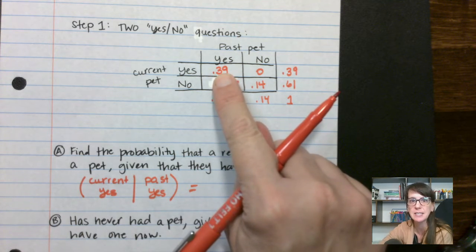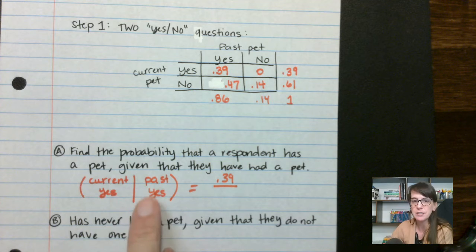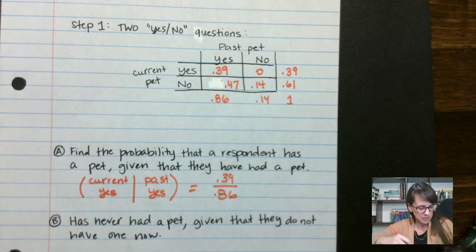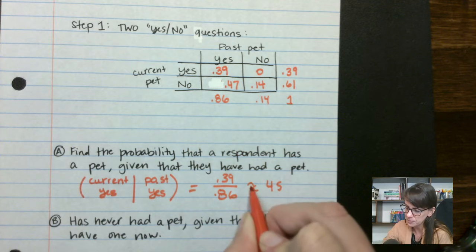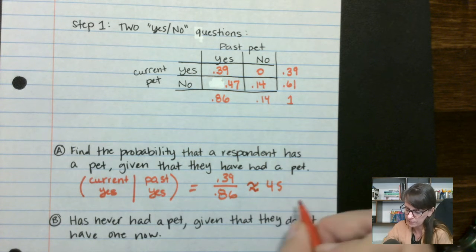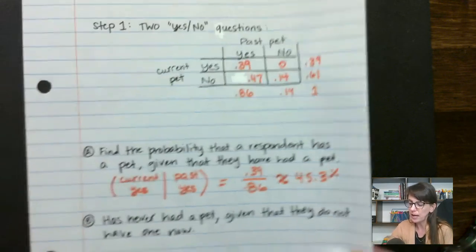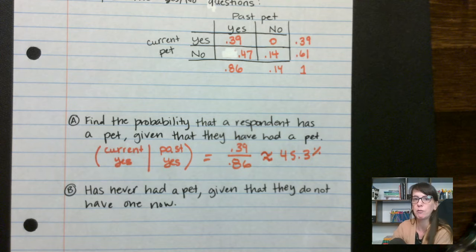So we come over here to yes, yes, that's 0.39 divided by our second one, which is past yes. So past yes is 0.86. And when we divide those, we get approximately 45.3%.